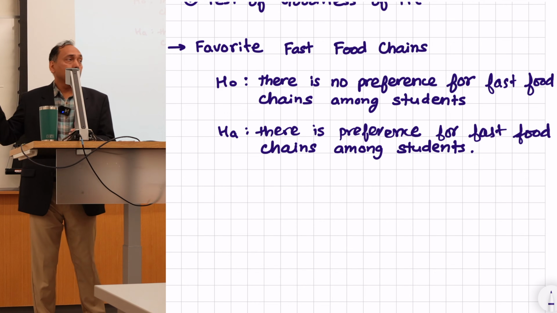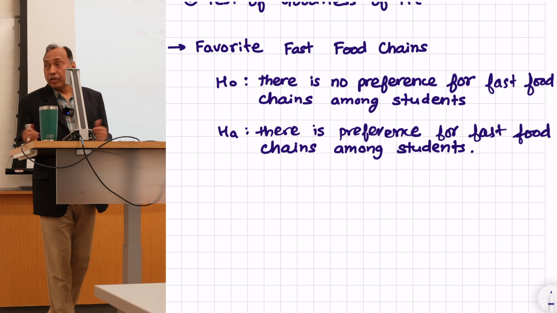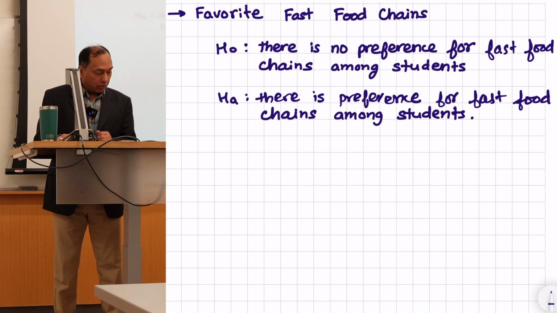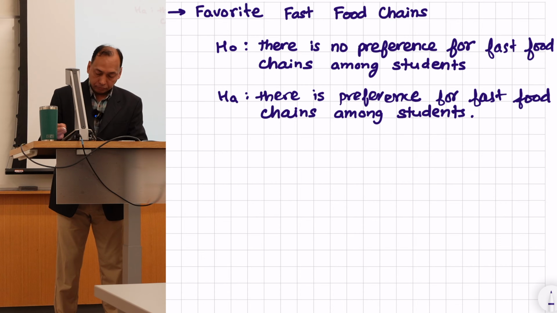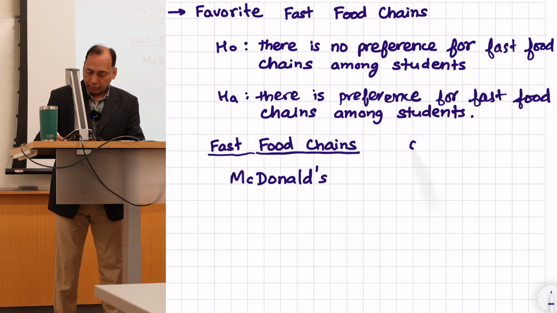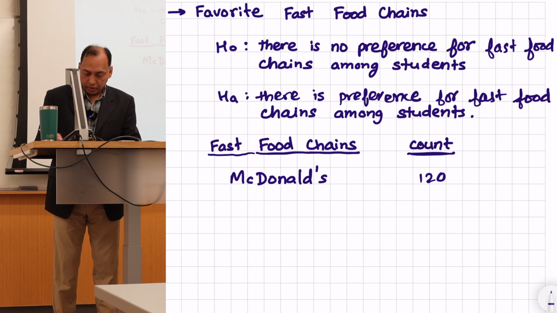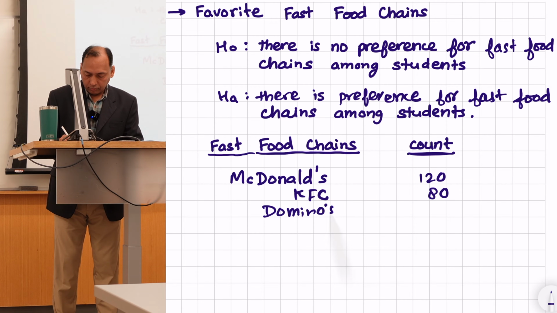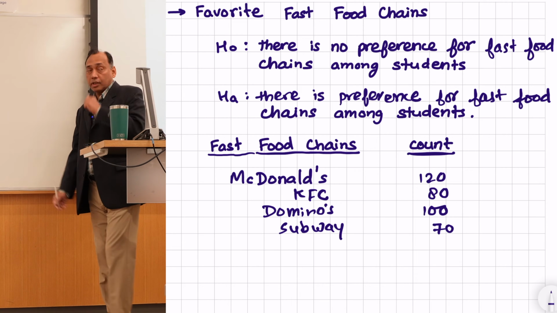Obviously, to test this hypothesis, we collect data. And suppose you collect data and this is what you get. So suppose for McDonald's we have in the sample 120 students, KFC 80, Domino's 100, Subway 70.